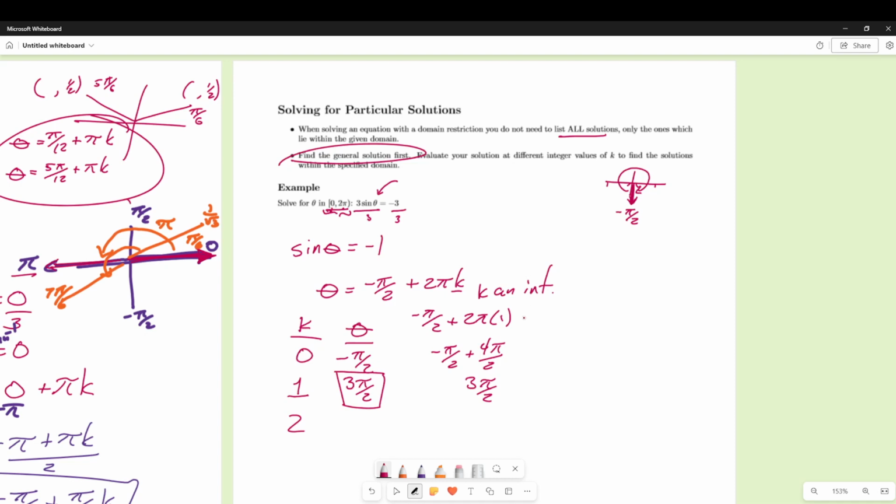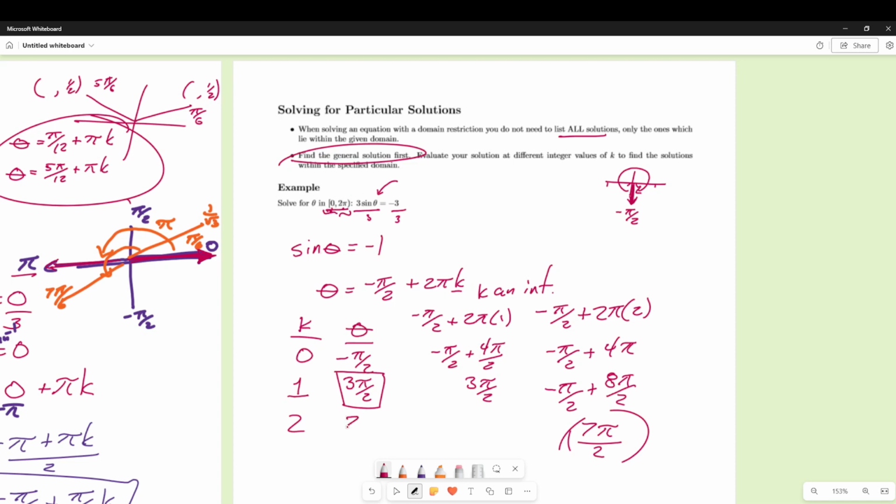What if k is equal to 2? Well, if k is equal to 2, we'd have -pi over 2 plus 2 pi times 2. So -pi over 2 plus 4 pi, which would be -pi over 2 plus 8 pi over 2 to get common denominators. So when you add those together, we get 7 pi over 2. And 7 pi over 2 is bigger than 2 pi.